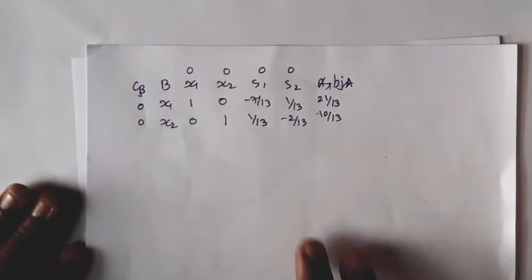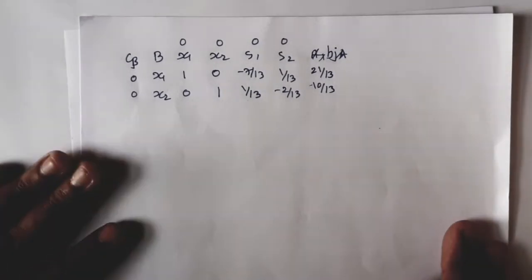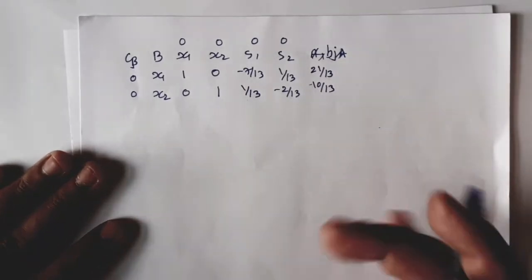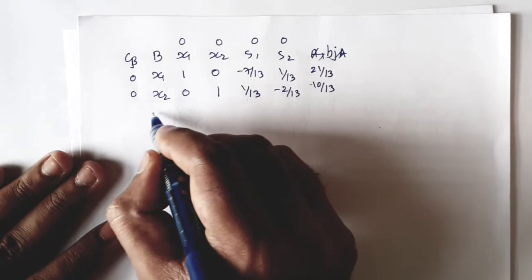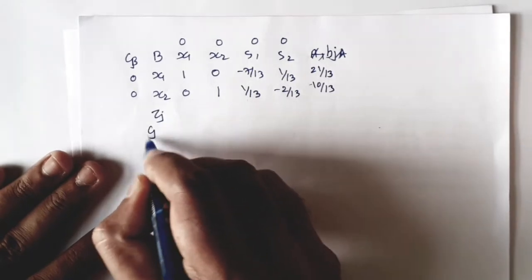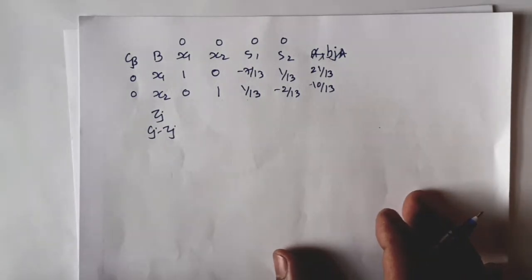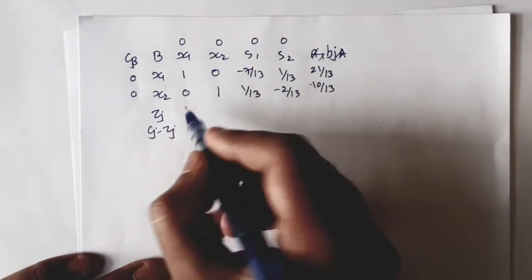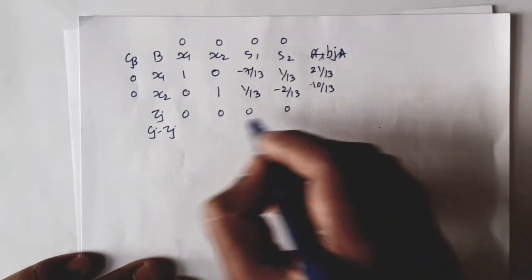Now we will check whether this solution we get is optimal or not. So first calculate Zj and then Cj minus Zj value. So for the calculation of Zj, 1 multiplied by 0 plus 0 multiplied by 0, and here both are 0, so everywhere it is 0.